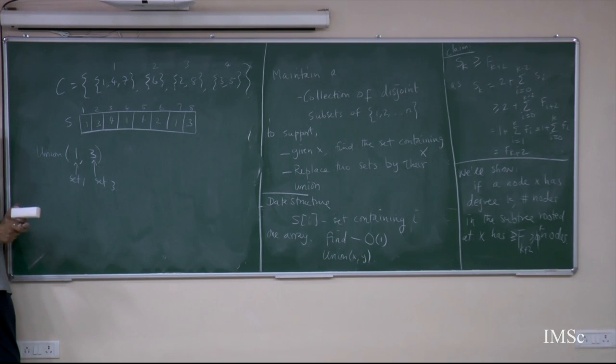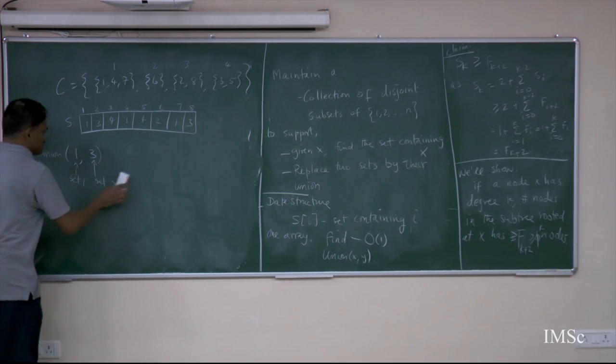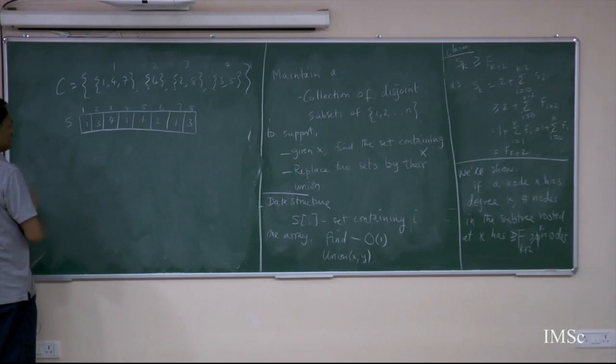So how can we speed things up? First of all, should I change all the 1s to 3 or all the 3s to 1 in this case? As a heuristic, change the labels of the smaller set. But how do I find out which is smaller or bigger? So let's keep some more stuff. Can you keep an array size?